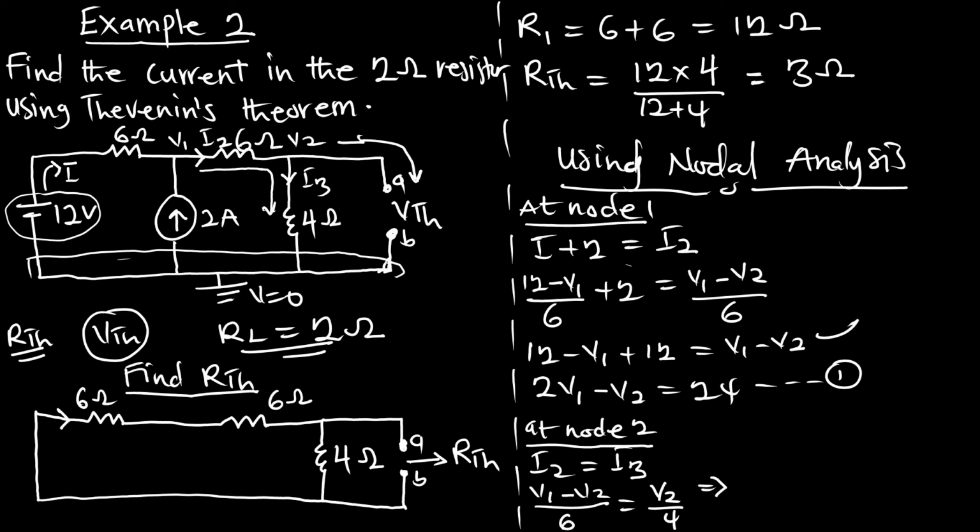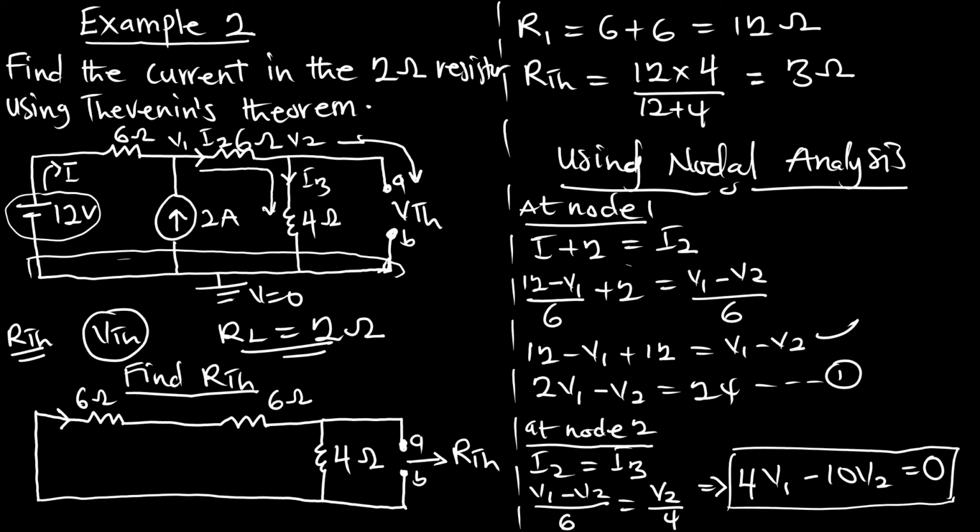This implies that our equation is going to be 4V1 minus 10V2 should give me 0 as my equation 2. You can take your time and go through the analysis to get the equation. So this is also my equation 1.